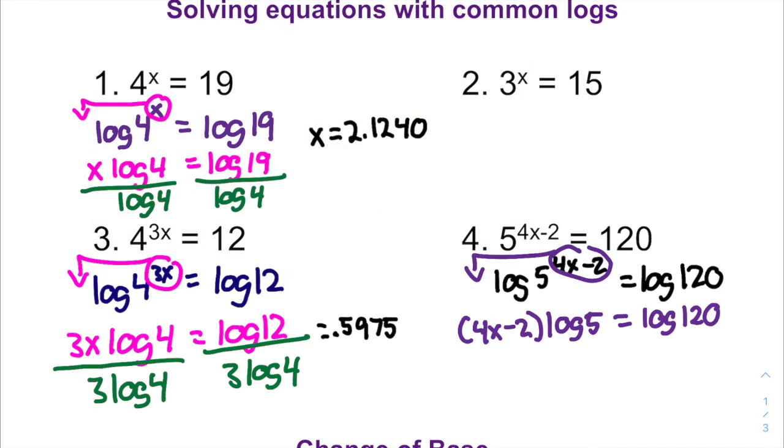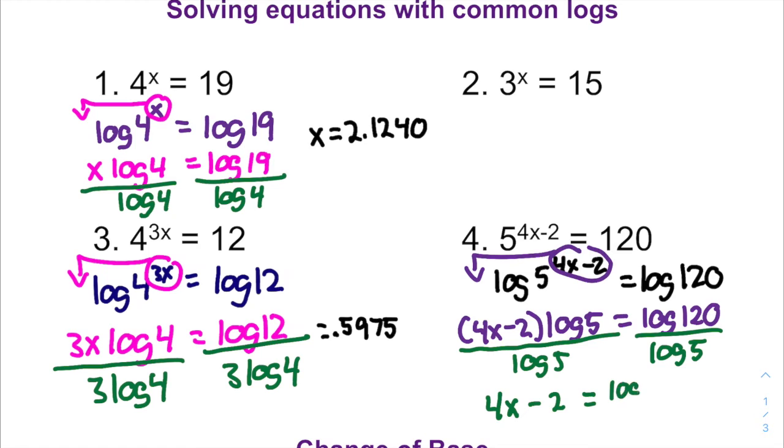Now there's a couple of extra steps in this problem. I want to solve for x. The first thing I advise us to do is just to divide the log 5 out first, leaving us with 4x minus 2 equals log of 120 divided by log of 5.